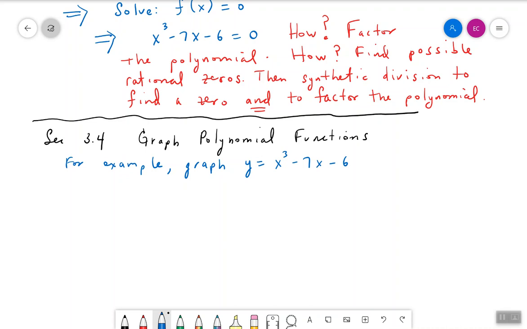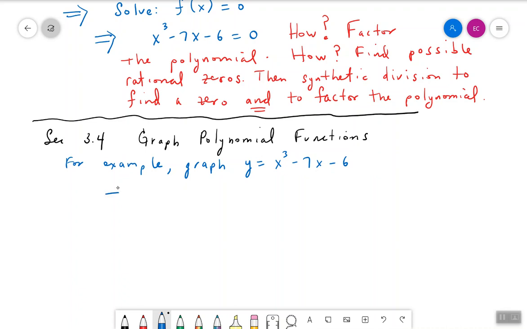And the more I think about it, I'm pretty sure that the video for this function is actually in section 3.4. Okay, so how do we graph a polynomial? Well, it's going to be similar to what we did for the quadratic function back in section 3.1.